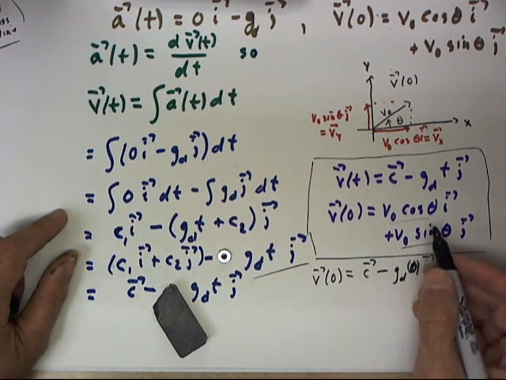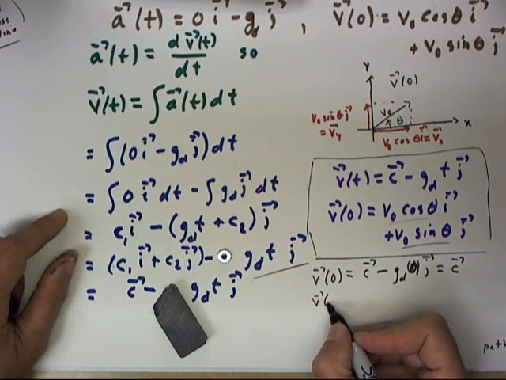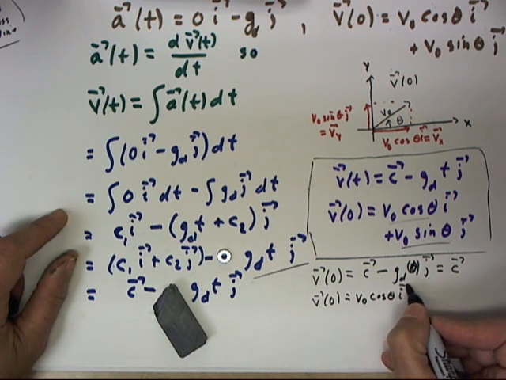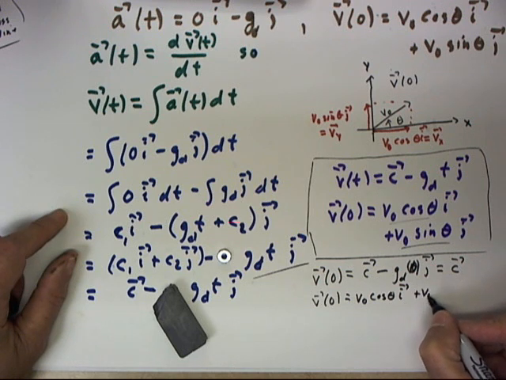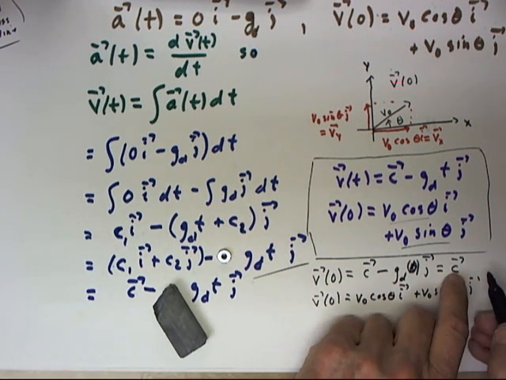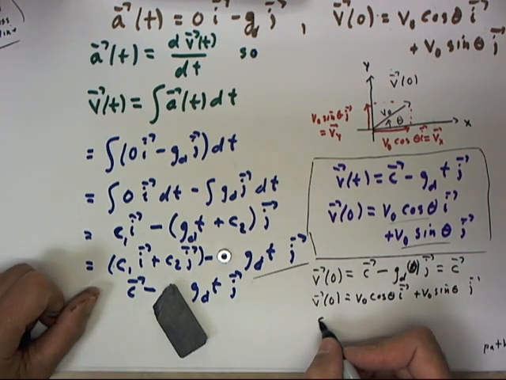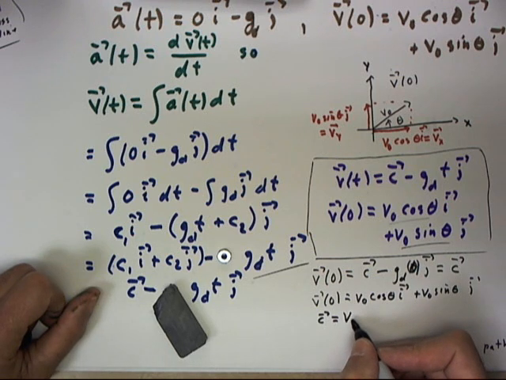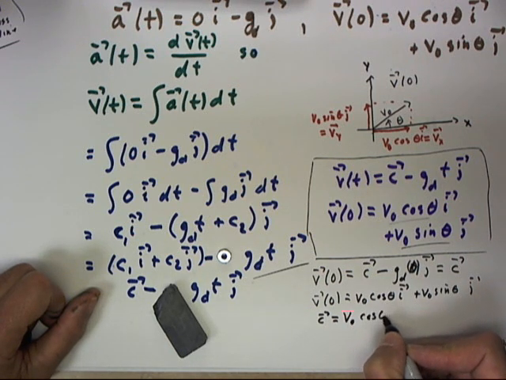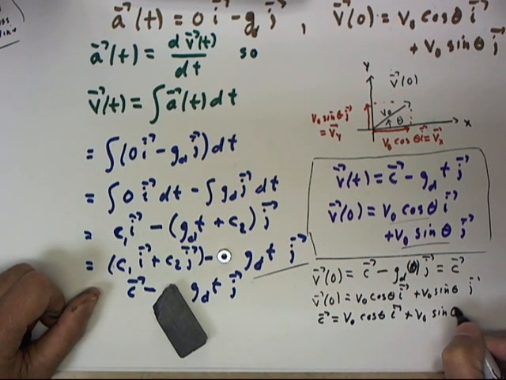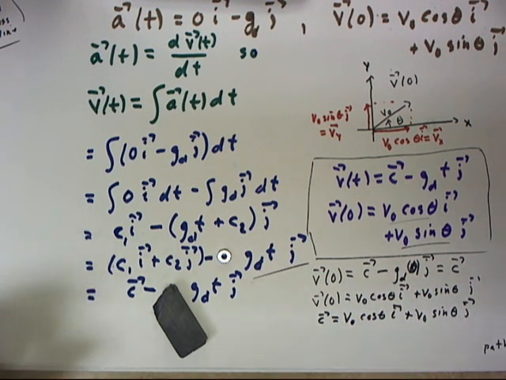And v of 0 also equals v naught cosine theta i plus v naught sine theta j. So setting this expression equal to this, we find that c is just v naught cosine theta i plus v naught sine theta j, according to our initial condition.